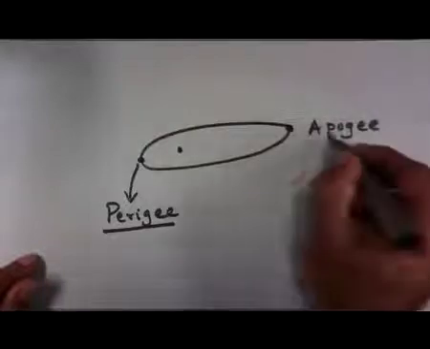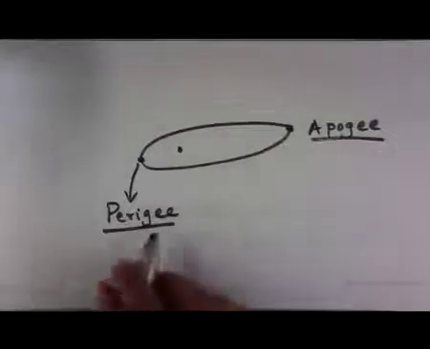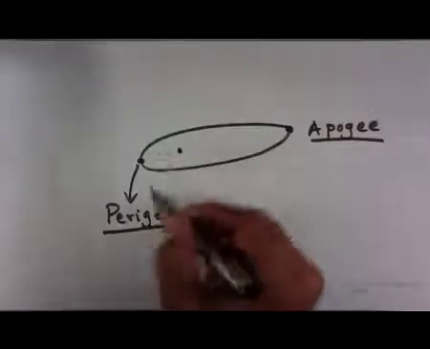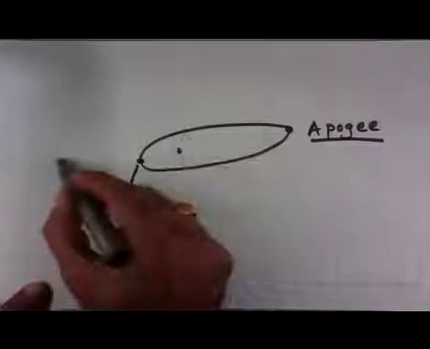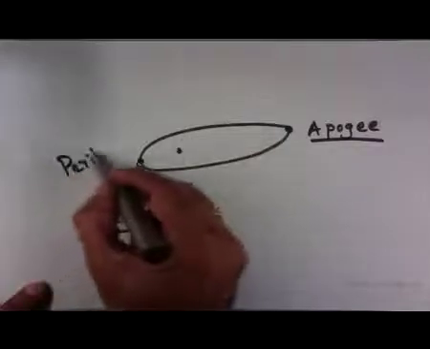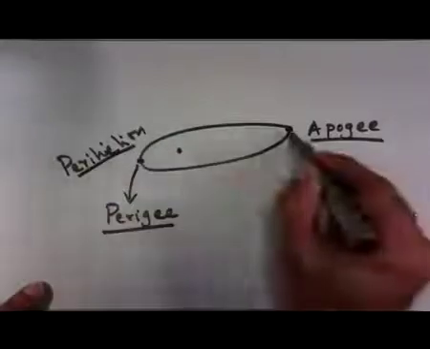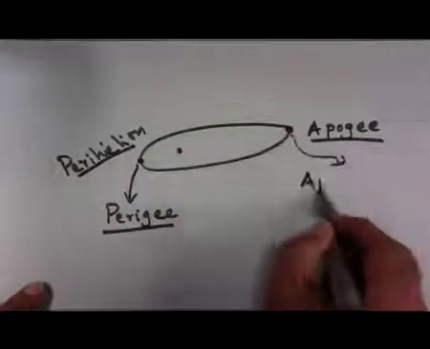All these concepts are well known even in ancient astronomy. With respect to the Earth, this is called perigee. Now with respect to the Sun, it is called perihelion. Helios is Sun, and this is called aphelion.